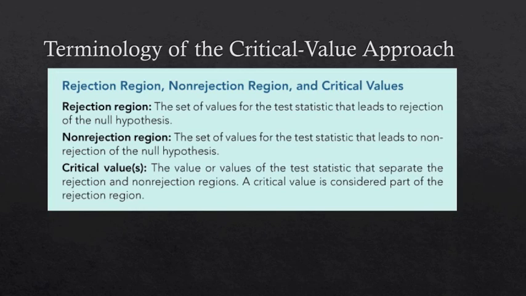Even though our alternative just had a less than sign, because we came up with that negative 1.645, if we had come up with negative 1.645 from our data, we still would have rejected it. You got to treat it like a less than or equal to, or like a greater than or equal to, when you're reading critical values for rejection and not rejection. Critical values are considered part of the rejection area.